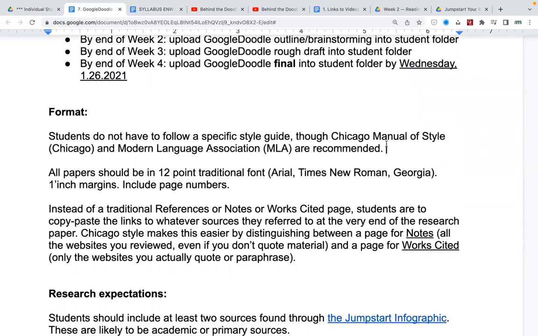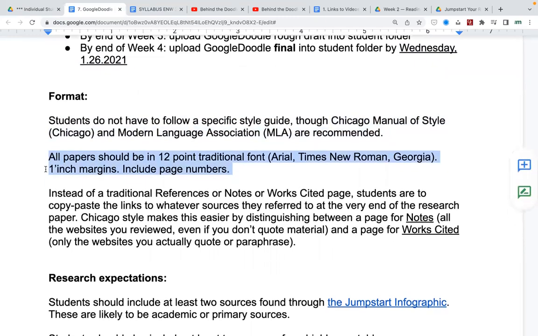You don't have to follow a specific style guide. If you feel more comfortable following one, I recommend Chicago or MLA. Either way, style guides are all about clarity. They're not about policing grammar.